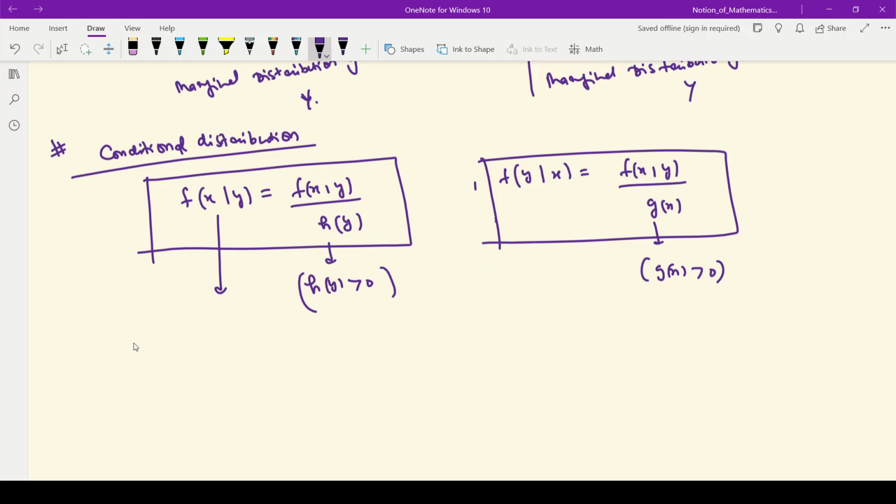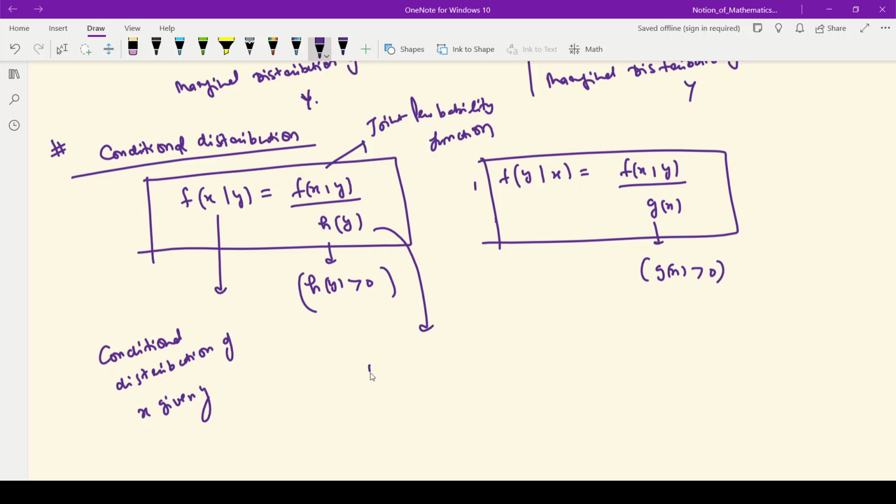So this f of x given y is the conditional distribution of x given y, and this f of x y is the joint probability function, and this h of y is the marginal distribution of y.